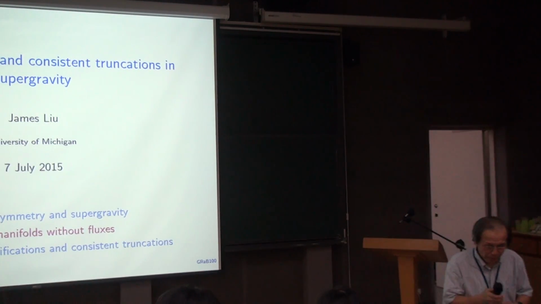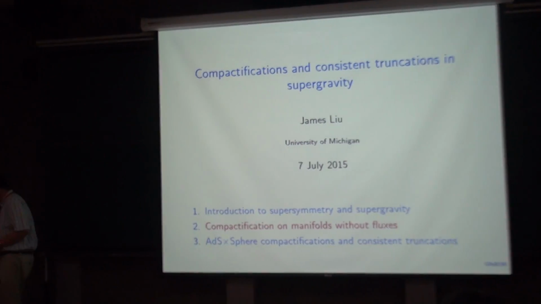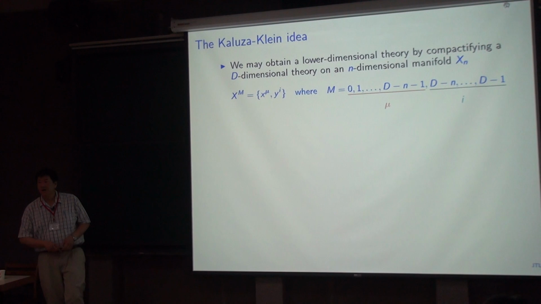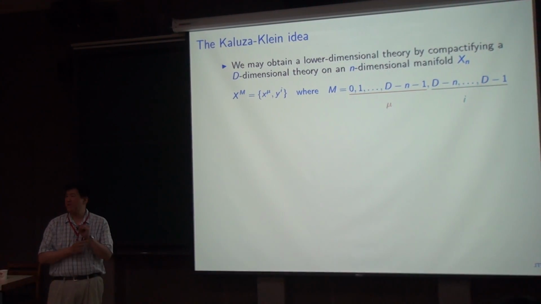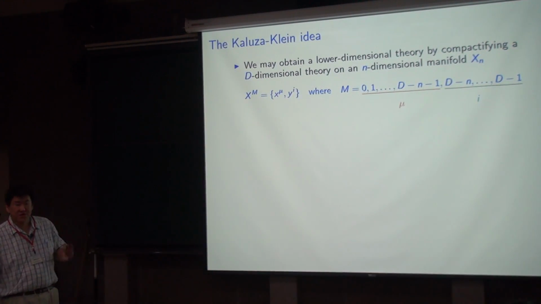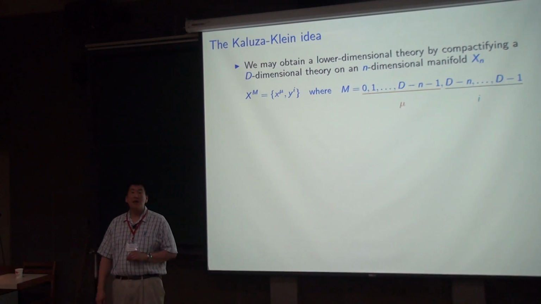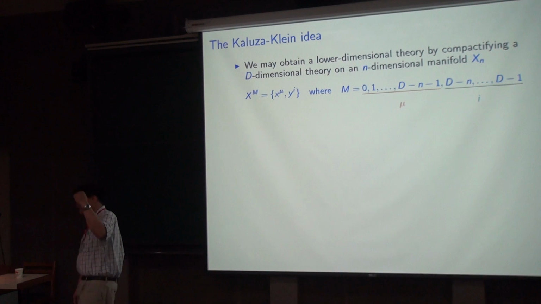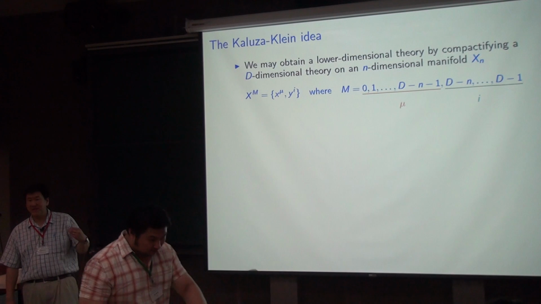Thank you. Okay, good. So let's see here. Yesterday I tried to give a brief overview of supersymmetry and supergravity, and towards the end I touched upon this idea. If you look at supersymmetric theories in different dimensions, I had a little table starting at 11 dimensions down to 4 dimensions of various amounts of supersymmetries.